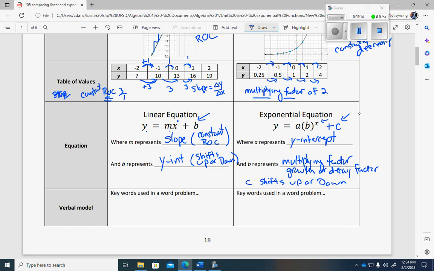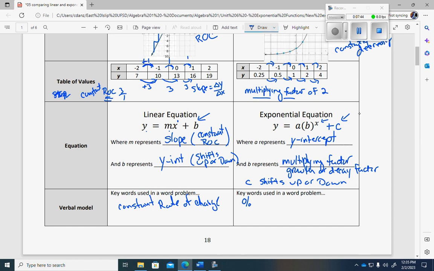Keywords for both linear and exponential: there's not very many they'd use for linear. Really, we're looking for a constant rate of change. So if something is constantly changing the same way over time, it's linear. But there's actually quite a few things that make us think about exponential functions. We usually see percentages.